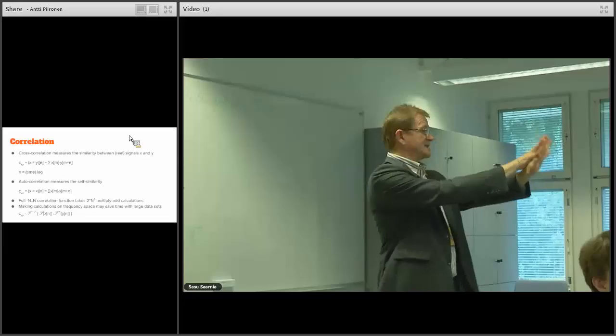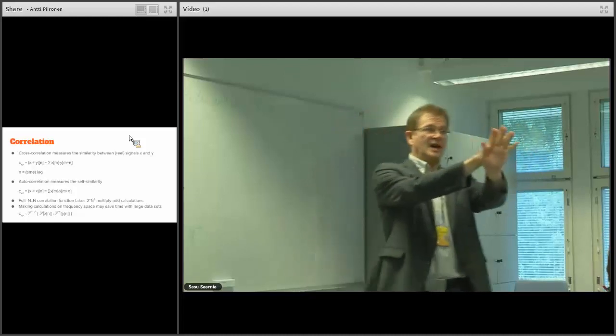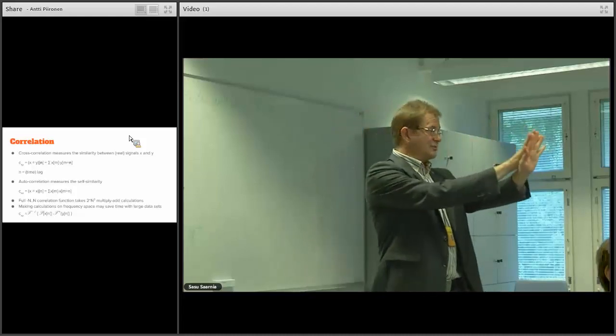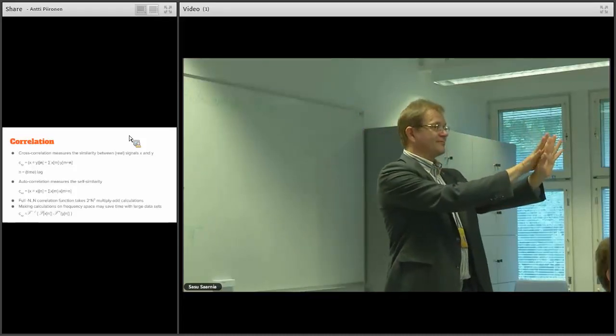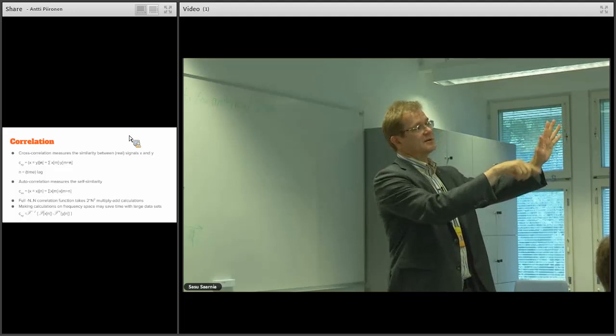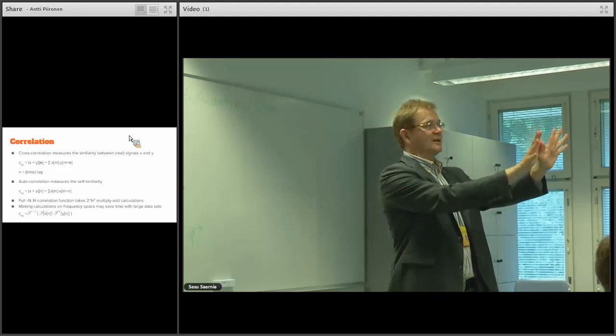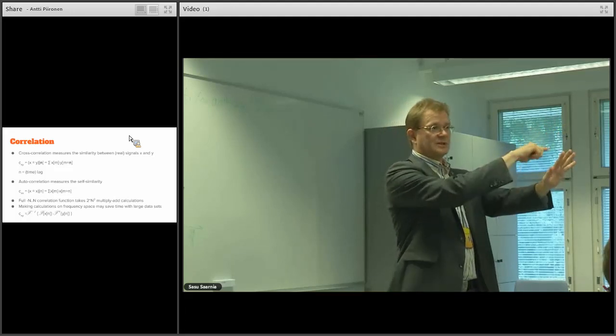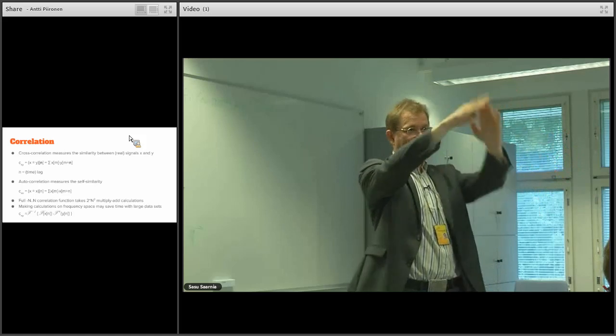So this position, or time lag n, would give you the best match. Then this will be less, since there are no fingers here, and so this would probably pick up something like that.